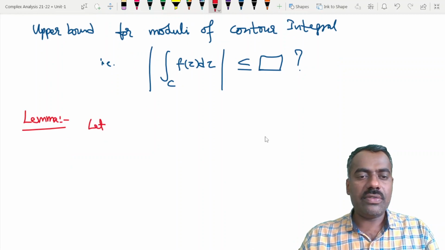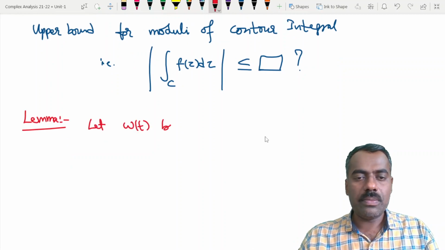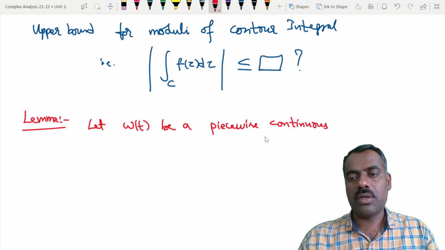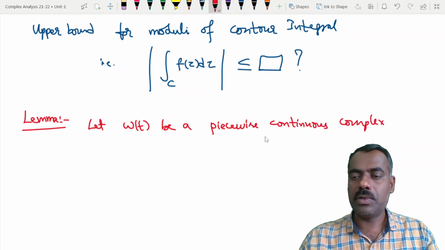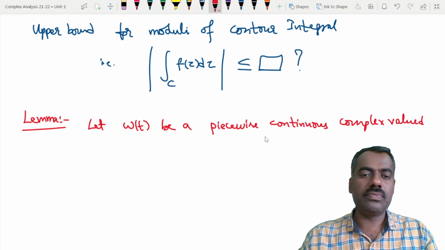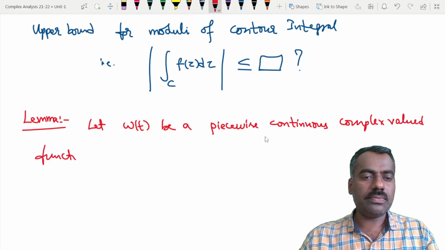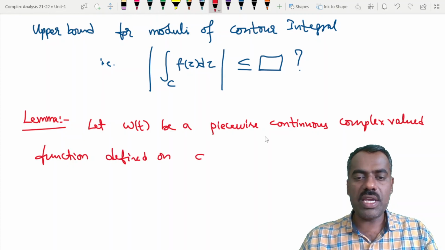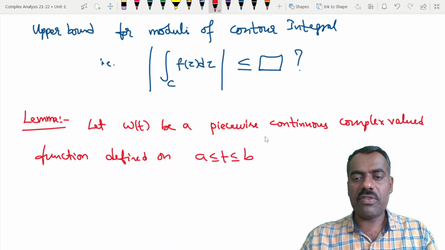Let W of t be a piecewise continuous complex valued function defined on t, which is say from a to b.